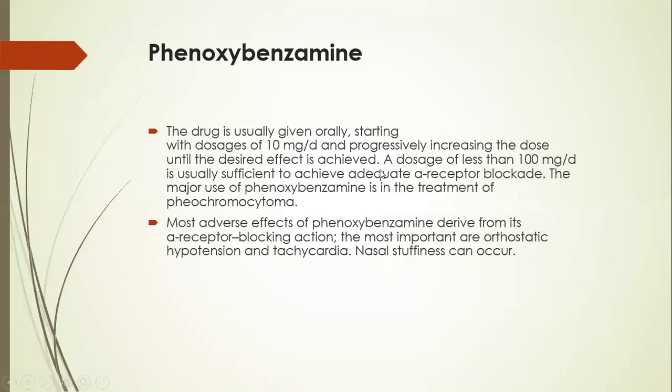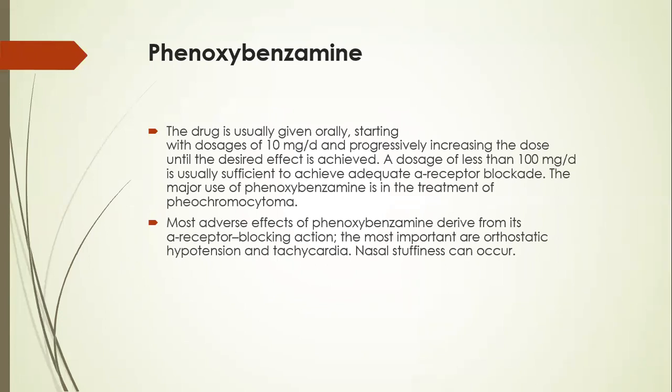We start from 10 milligrams because some people's bodies may not tolerate even this amount of dose, and that's why we start from the lower dose and increase to the point where it will be maximally effective. A dosage of less than 100 milligrams a day is usually sufficient to achieve adequate alpha receptor blockade.